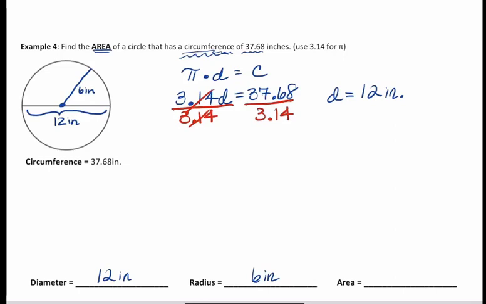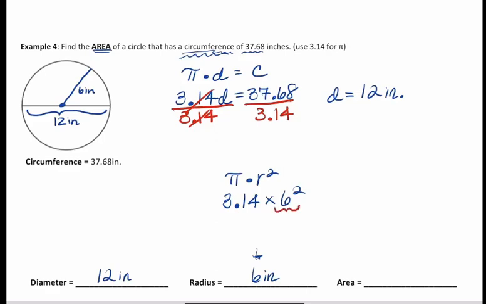So we've now got the most important number for determining the area of a circle, which is radius, because we have to use that area formula, which is pi times radius squared. Pi times radius squared. So pi is 3.14. The radius is 6. So you're going to do pi times 6 squared. Now make sure when you do 6 squared, is that 12?